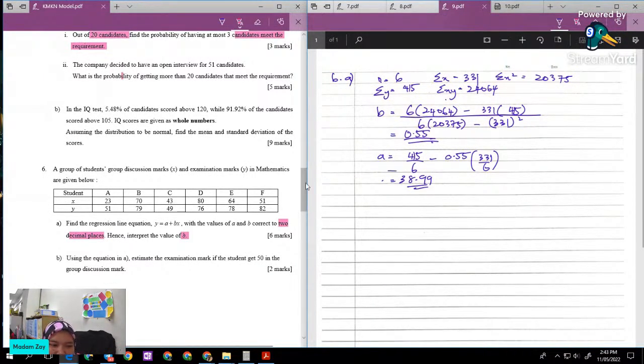So what is B? B is the mark. So kita nak interpret apa kaitan Y dengan X kita ni. So Y kita adalah markah exam.